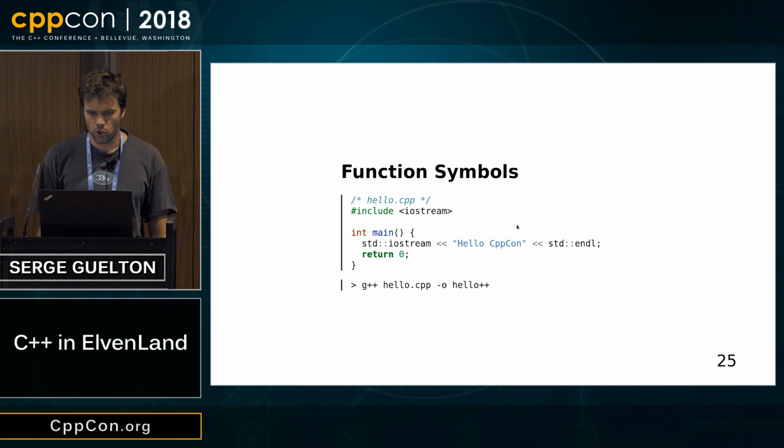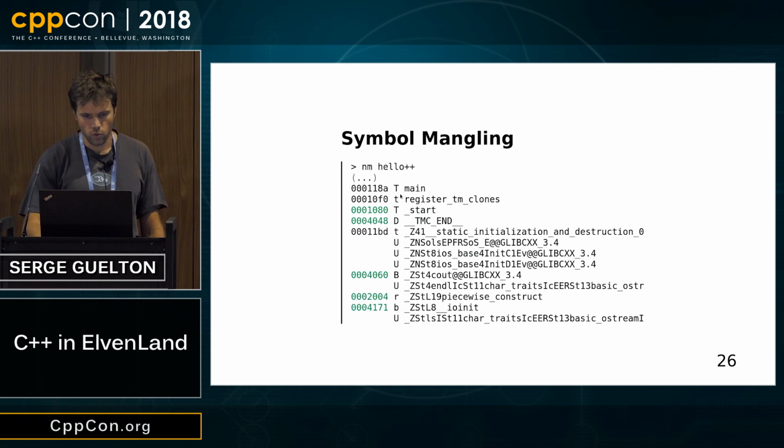So let's talk about symbols. Here, we are in C++. So we are going to have many more symbols than in C, but that's expected. We compile this hello world, and then we use nm instead of objdump, but that's roughly the same, on our generated program. And we've got all these symbols.